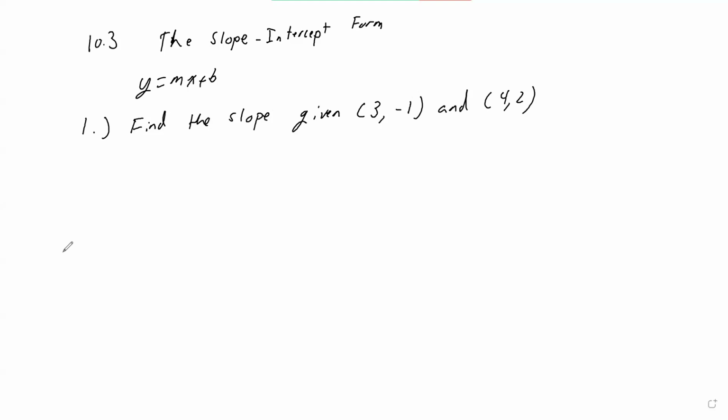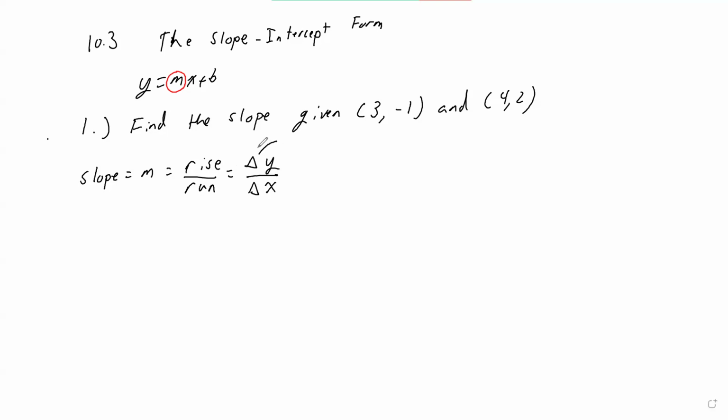To find slope, slope represents the m. So this right here is the slope that we're talking about. It is your rise over run. That's what we talked about Monday. It also represents the change in y over the change in x.